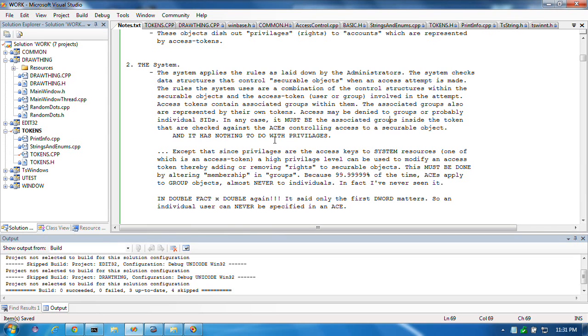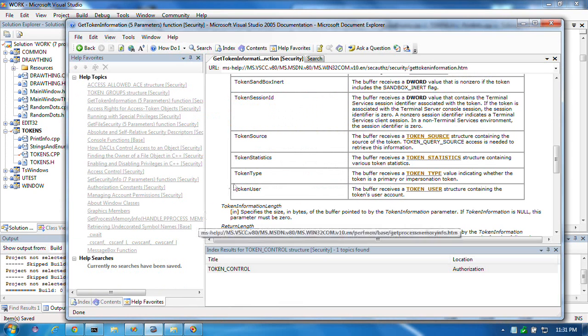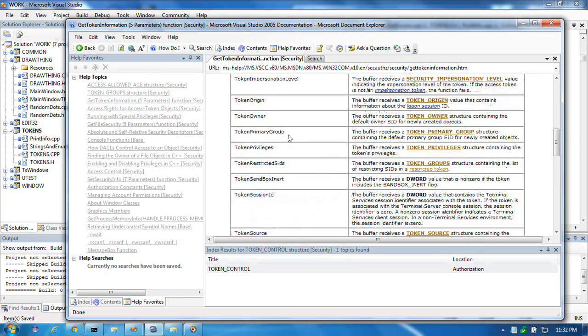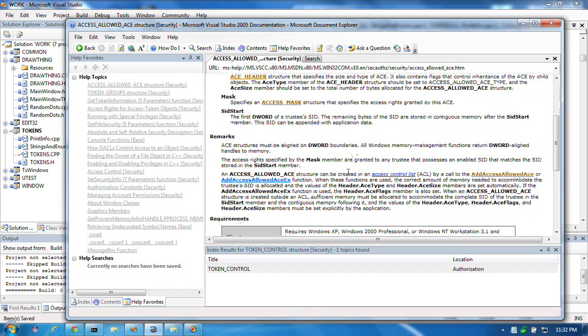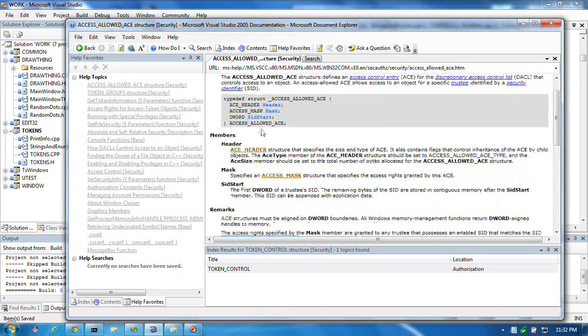Because, if you remember, in the access allowed, the matching has to do with only 4 bytes worth of the security identifier.